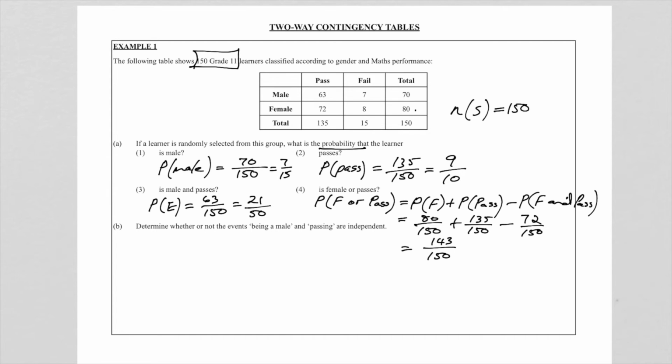So now we're going to do exactly what we discussed in our lesson on independent events. We're going to check the rule. So we're going to start off by saying the probability of male and pass. And that one we calculated already. You will remember that we did it here in number 3, male and pass.